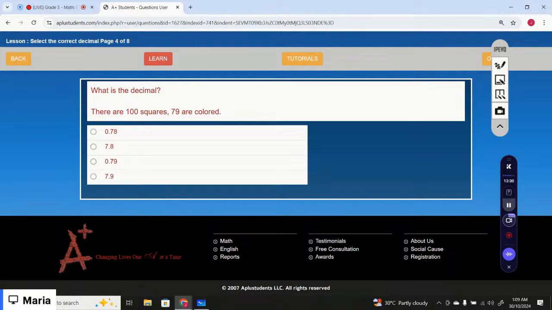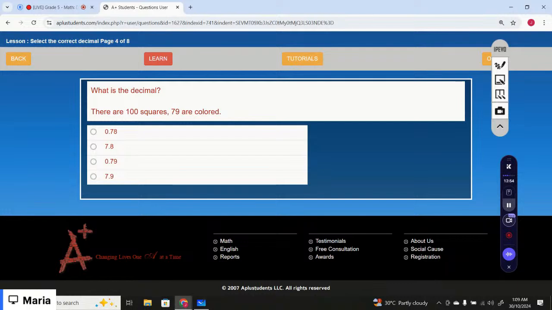What is the decimal? There are 100 squares, 79 are colored. Seventy-nine are colored.